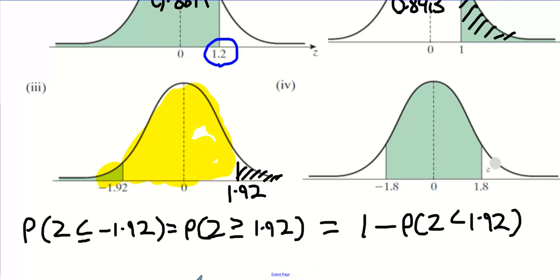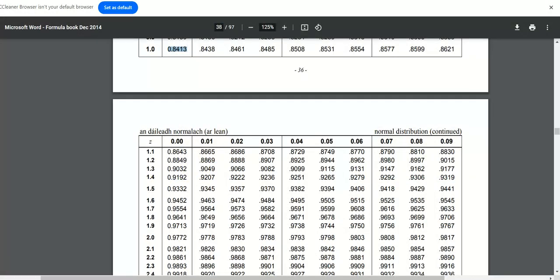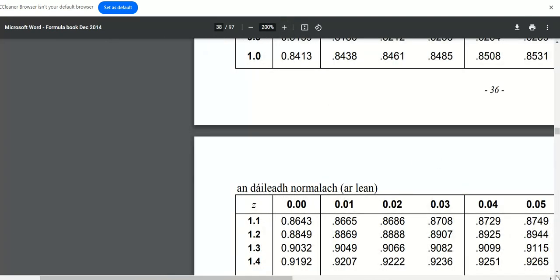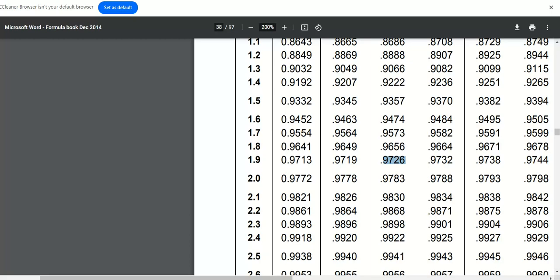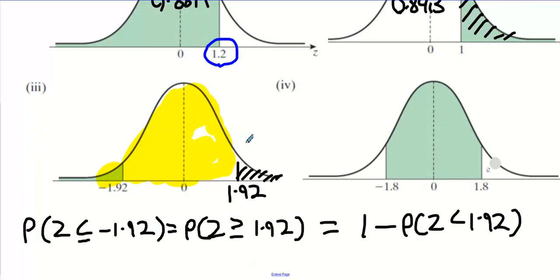So we go to our copy, and where do we see 1.92? 1.9, 1.91, 1.92. So what is it? So I'll make it a bit larger, but it's 0.9726, yeah? So it's going to be 1 take away 0.9726.